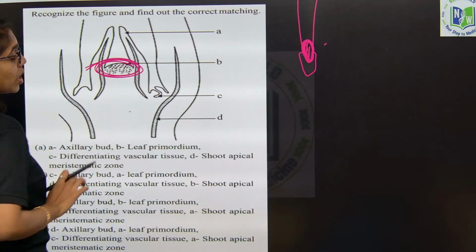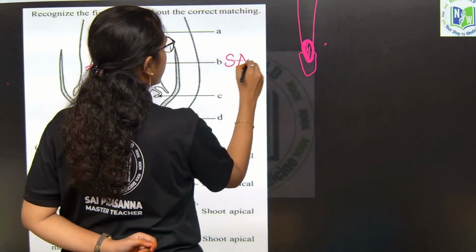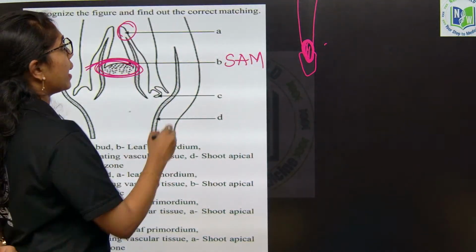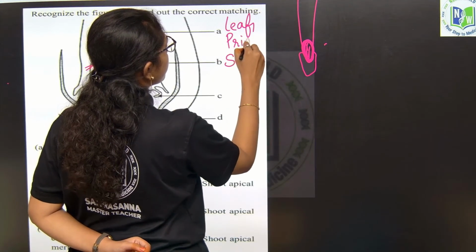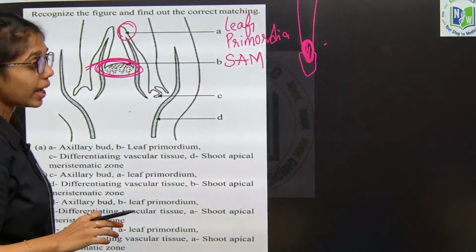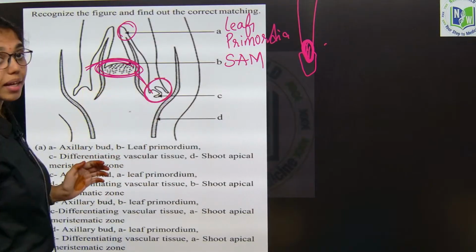So this region is what? Shoot apical meristem. And this is the leaf primordia, which gives rise to leaves. Okay. And at the axil, axillary bud will be there.